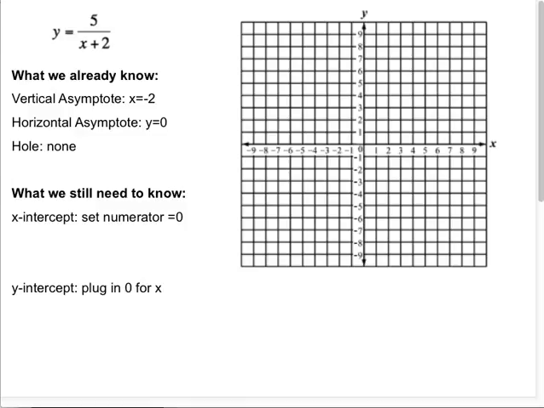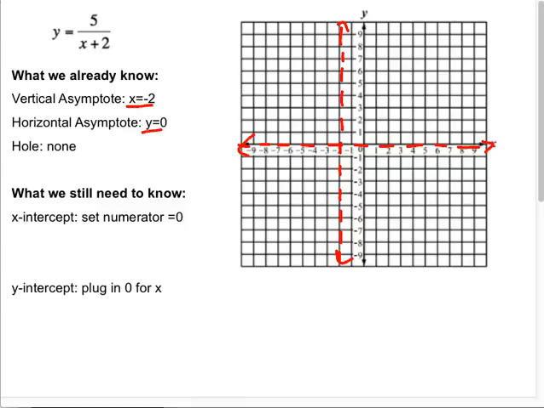So let's go back to our first example from yesterday. So y equals 5 over x plus 2. Let's take a look at what we already know. We talked yesterday about a vertical asymptote at x equals -2 and a horizontal asymptote at y equals 0.